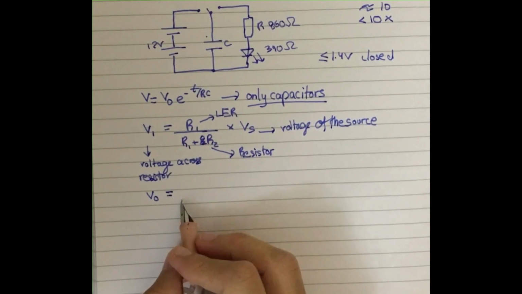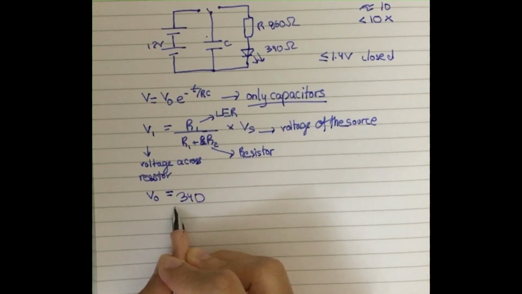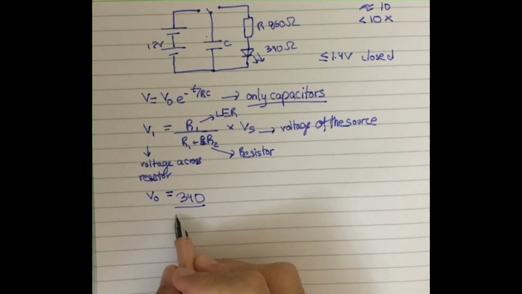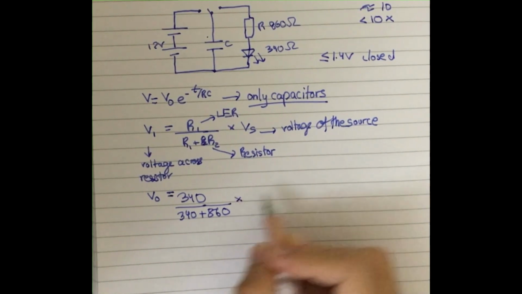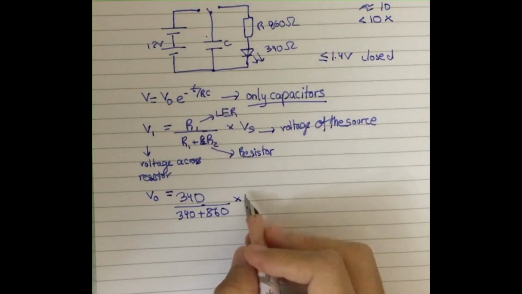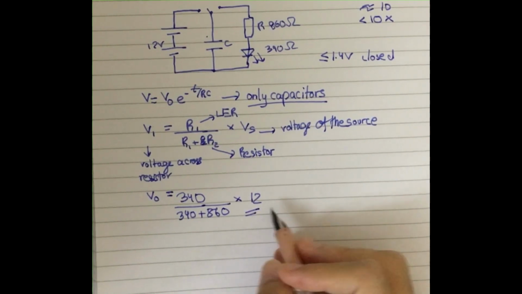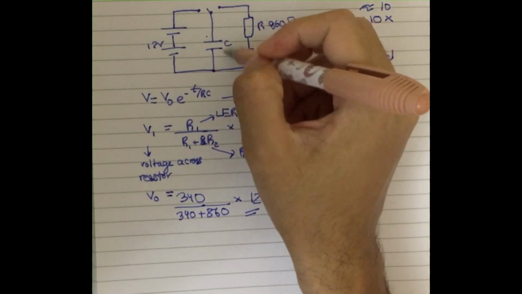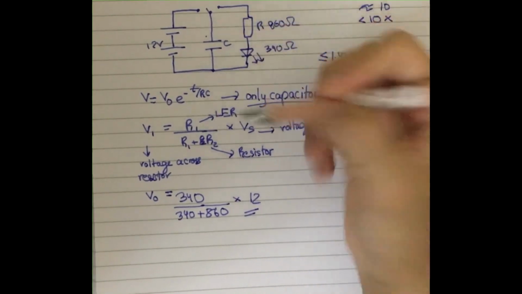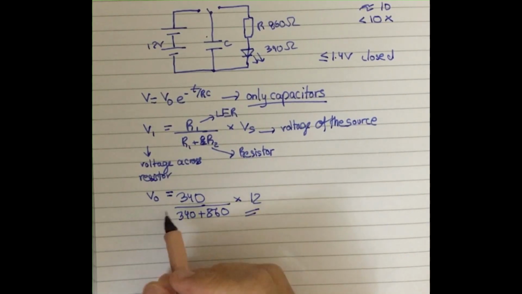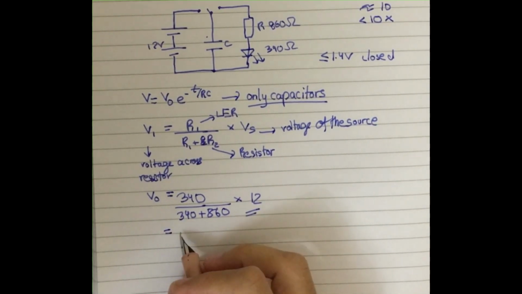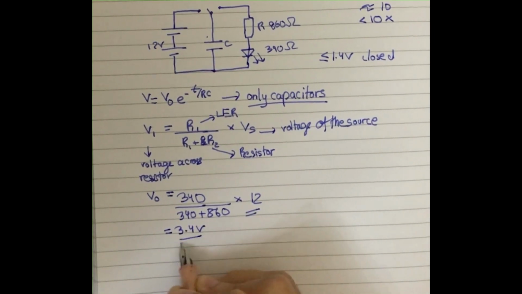So V initial equals 340, the LED resistance, as R1, by 340 plus the resistor's 860, times the source voltage, which is 12, right? Because once the charging is completed, the capacitor will also have 12 volts. It's just the voltage of the source. So you get your answer as 3.4 volt, right?